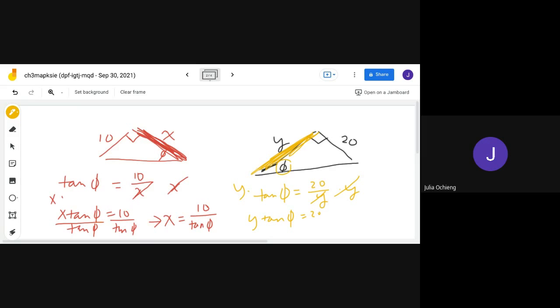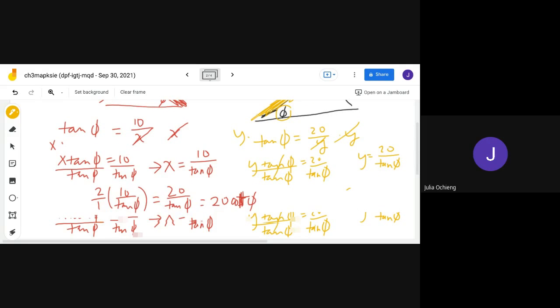Divide both sides by tan phi. y equals 20 over tan phi. Remember, dividing by tan is the same thing as multiplying by cotangent, so it's 20 times cotangent phi.